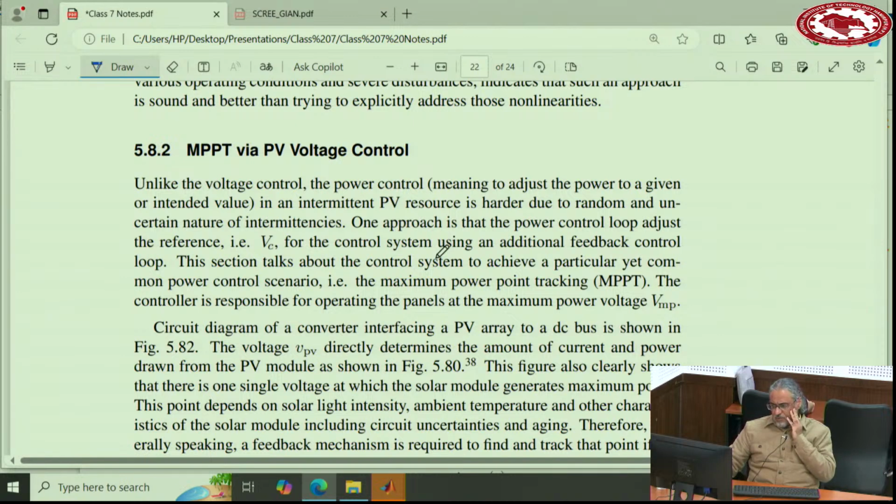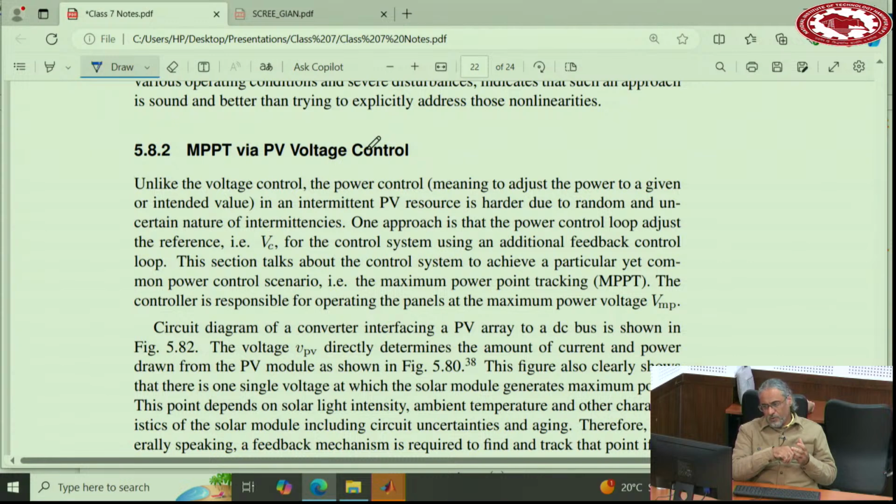MPPT, let's talk about that a little bit. Maximum power point tracking. The challenge is that if you want to extract maximum power, you have to bias the converter or bias the PV panels at the maximum power voltage. And that voltage changes with temperature and with irradiance.